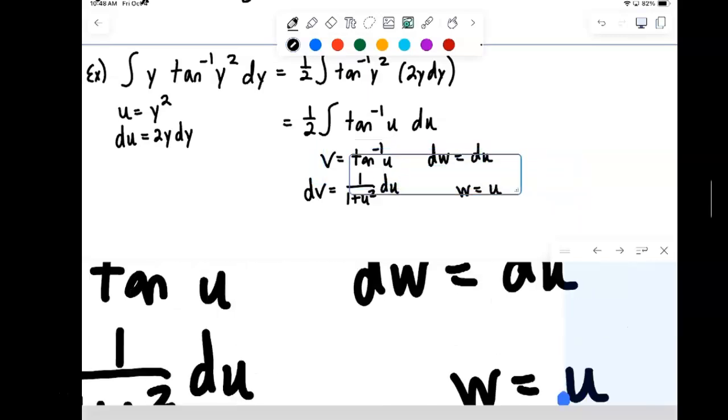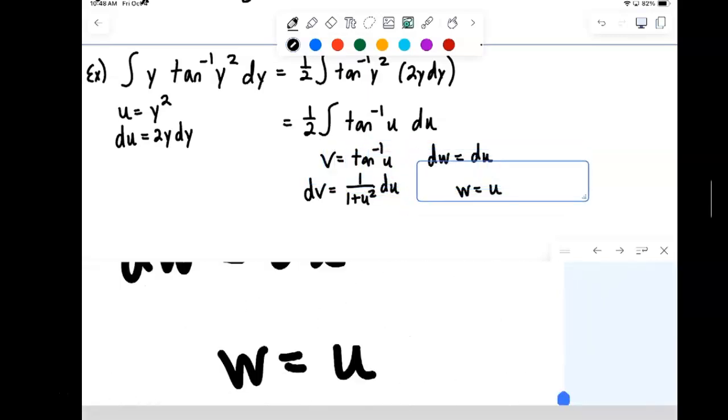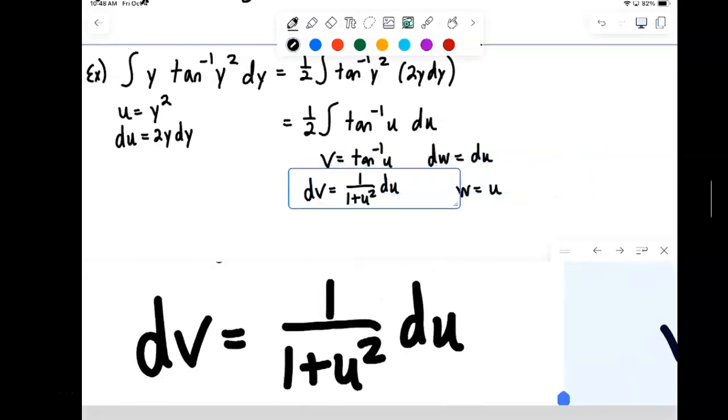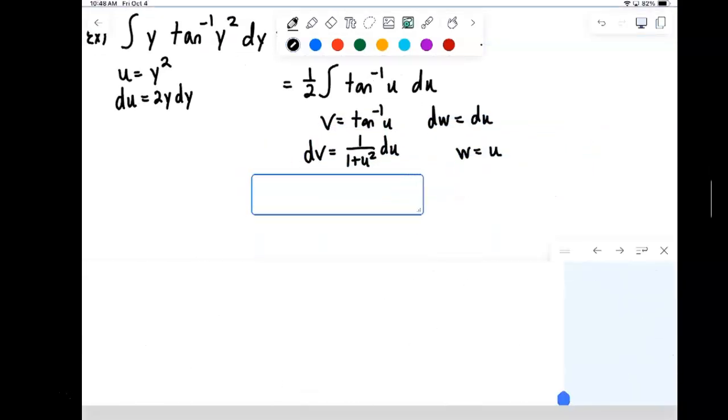So that will be wv in this case minus the integral of w dv. So the 1/2 is still out there.